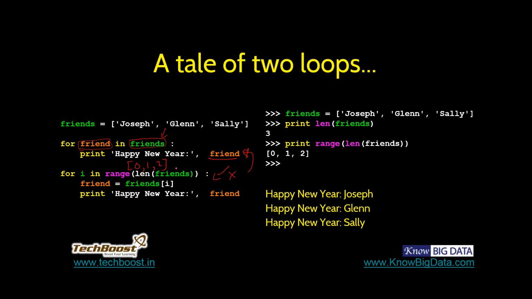This, as I said, is an expression which evaluates to this collection, and i takes the value 0 first. So friends of 0 is reassigned to friend, and it's printed, that is friends of 0 would be Joseph. Then again it goes over in the next iteration, takes 1. So friends of 1 is Glenn, and friends of 2 would be Sally.